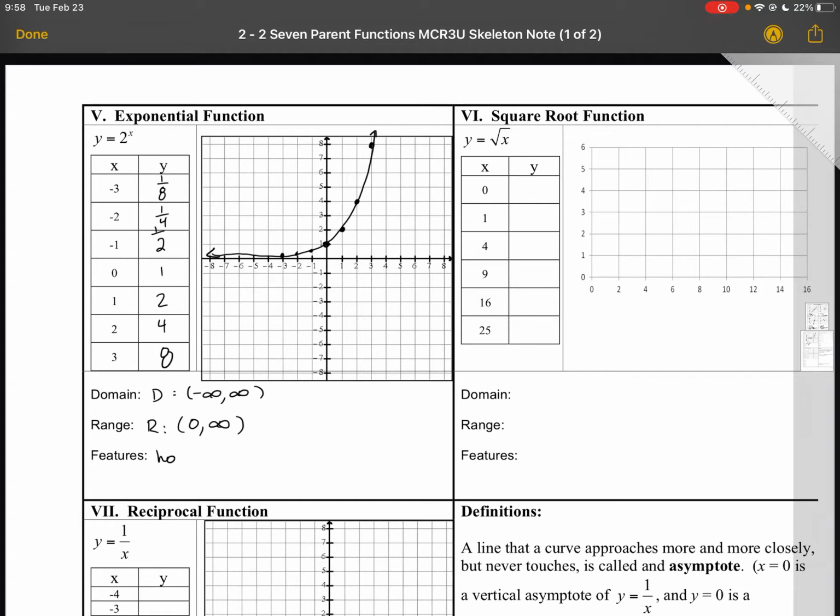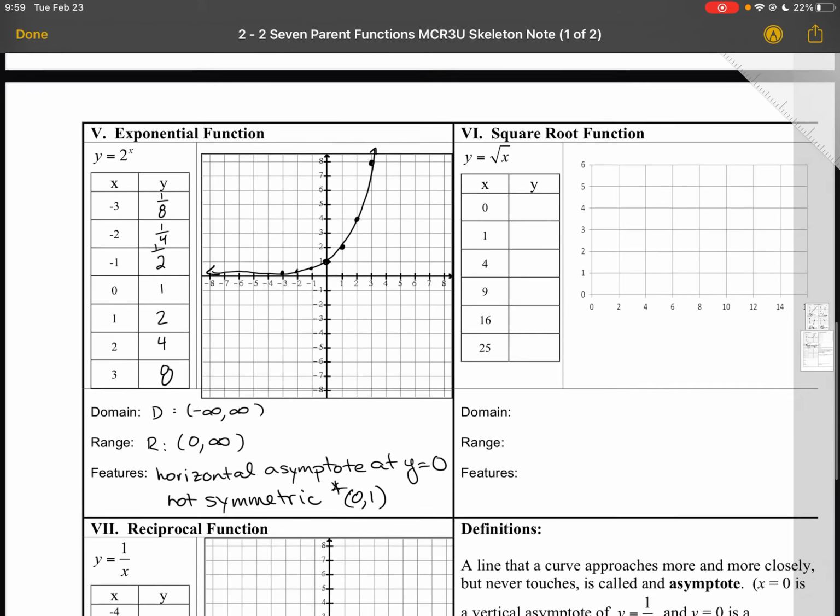So the features of this graph are that we've got a horizontal asymptote, which means a line that the function approaches but never touches. It's also not symmetric, which is different than the other ones that we've looked at. And we've got a point here at (0, 1), which is kind of our key point right in the middle.